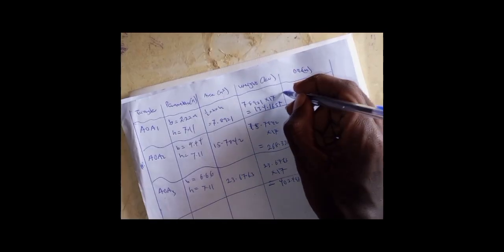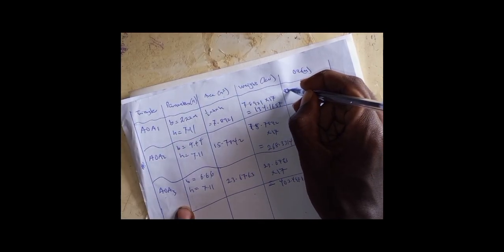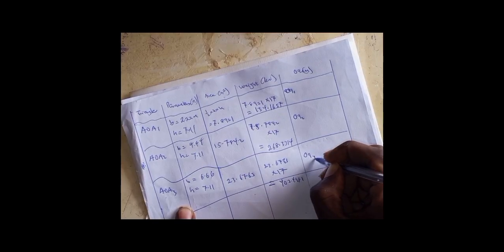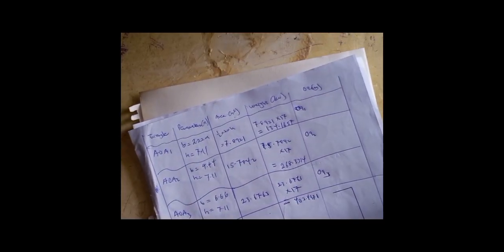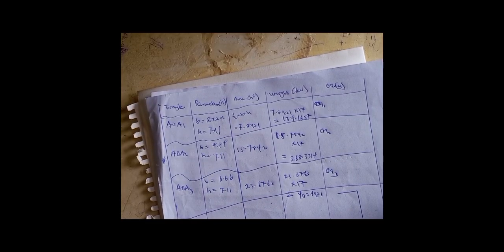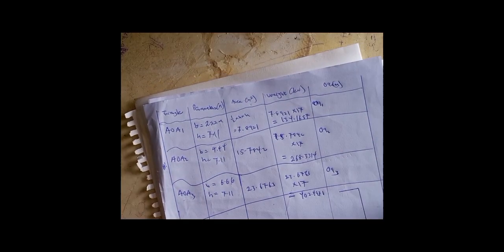So over here, you'll be getting OA1, OA2, and OA3. Now, just as I explained what the OA was, I'll still highlight it again. So the OA is simply the weight in centimeters. But meaning that you have to choose a certain scale.